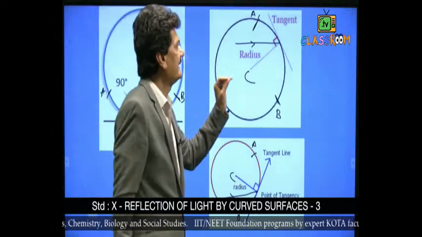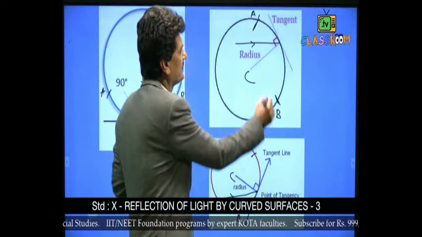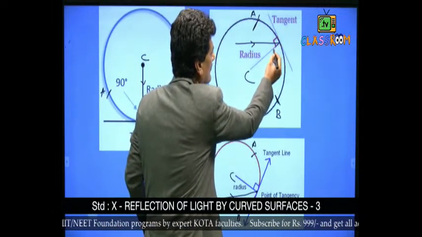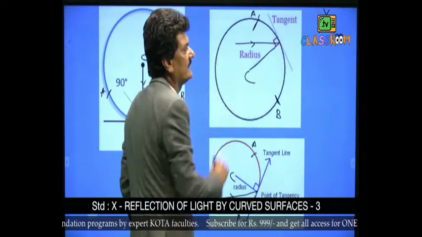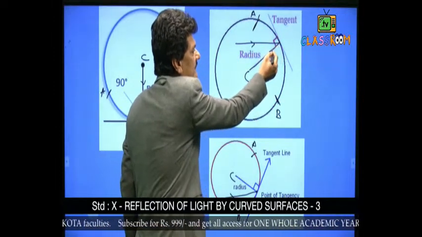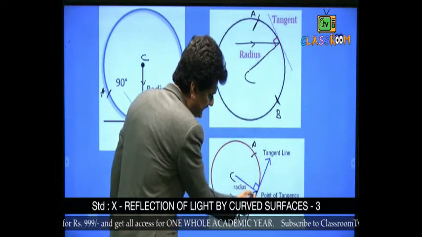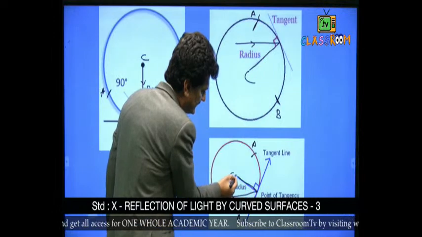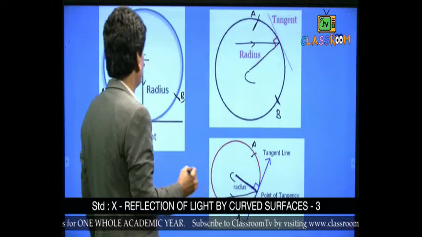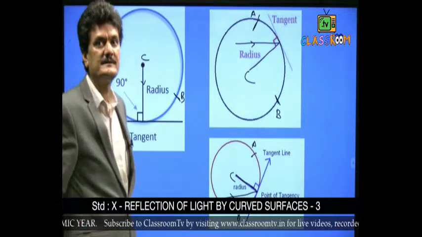So we are finding that at the point of incidence, if you draw a line which passes through the center of curvature, this incident ray is there, draw a line which is passing through the center of curvature.